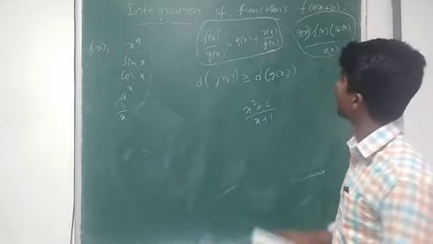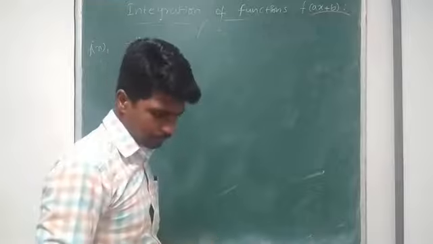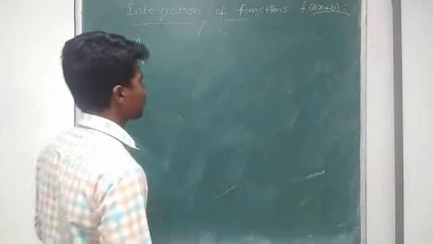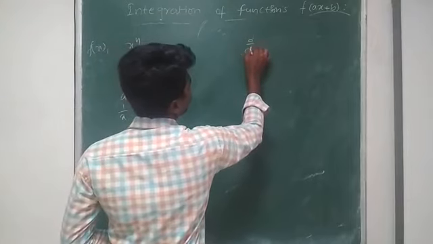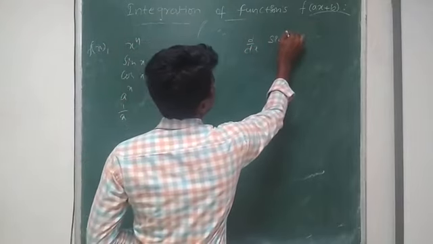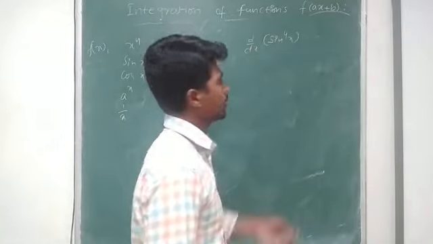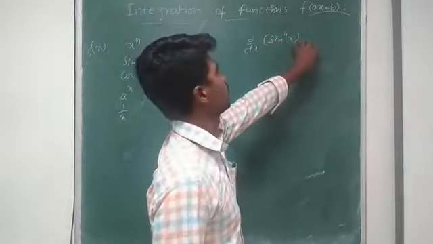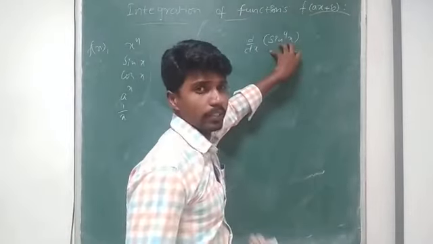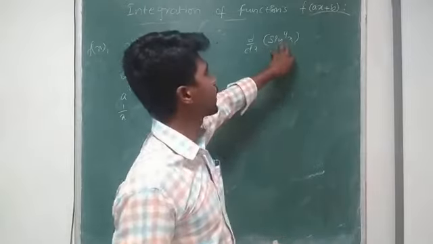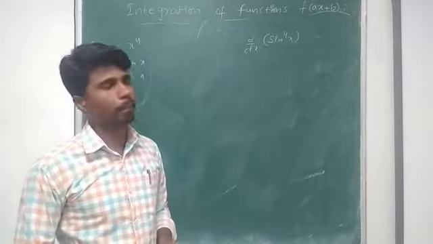Next, if the functions are like sine power 4x. See, previously if I wanted to find the derivative of sine power 4x, I used the chain rule and found 4 into sine cube x. It is not x to the power of n formula applied directly; I have performed its differentiation again.